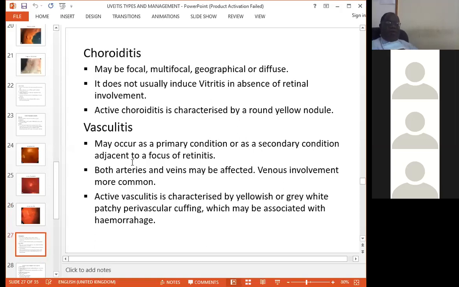It does not usually induce vitritis in the absence of retinal involvement, because between the choroid and the vitreous there is the retina. You can't have inflammation of the vitreous unless the retina is also involved.